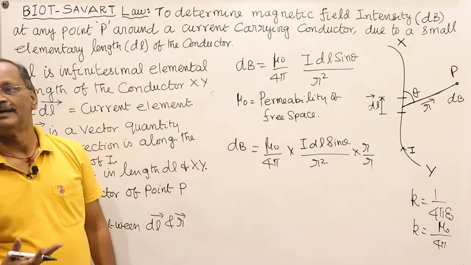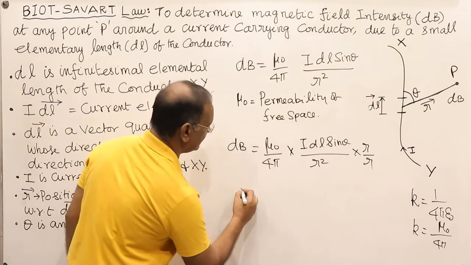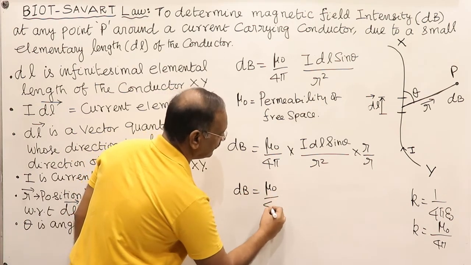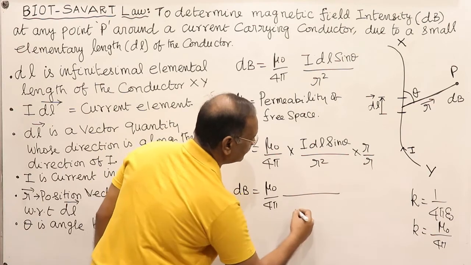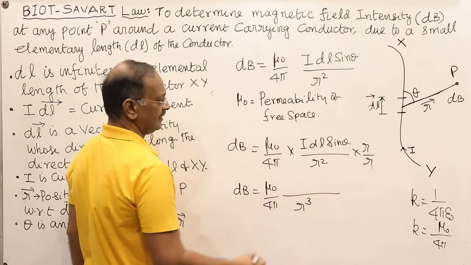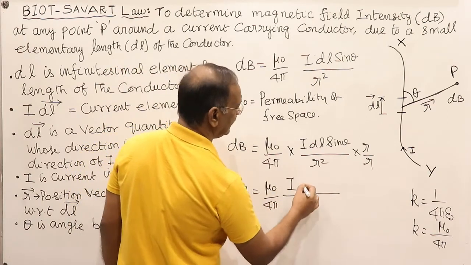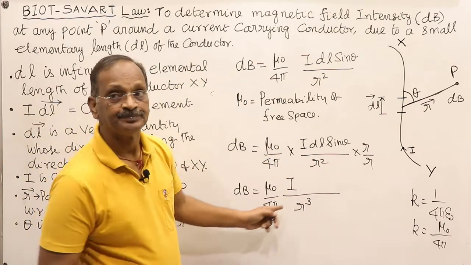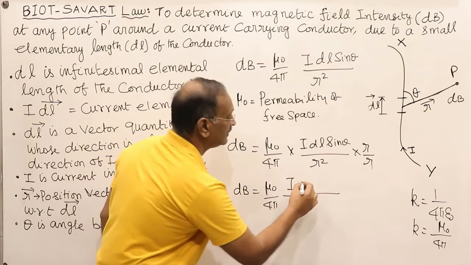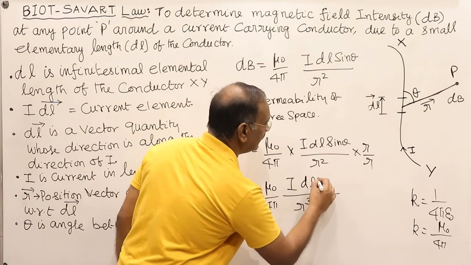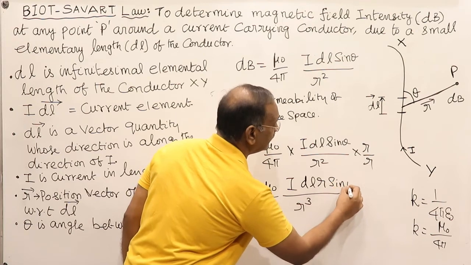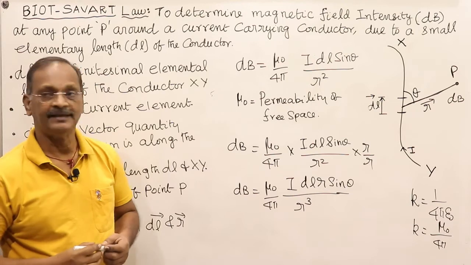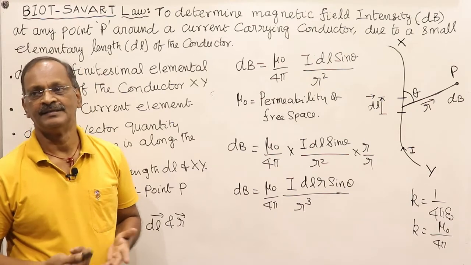So this can be written as dB is equal to mu naught by 4 pi divided by r cube into I into r, we can take it inside, I into dl into r into sin theta.